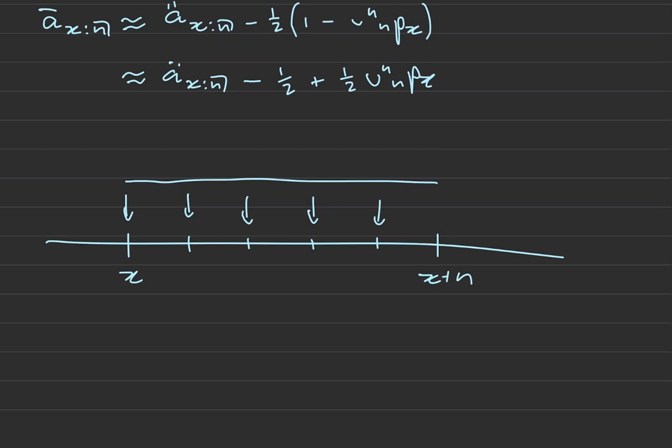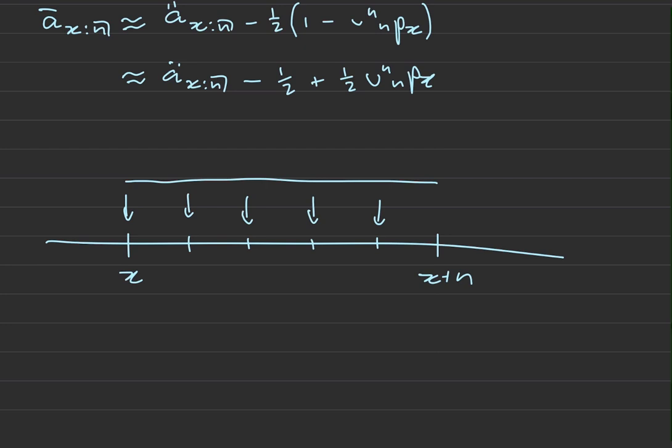So I'll try and explain how I think about it, but I would just recommend that you know this and memorize it off by heart. If you do enough practice questions, you'll come across this approximation enough times that you do end up memorizing it off by heart. But I'll still try and explain why I roughly think it's minus half and then plus half v to the n times npx.